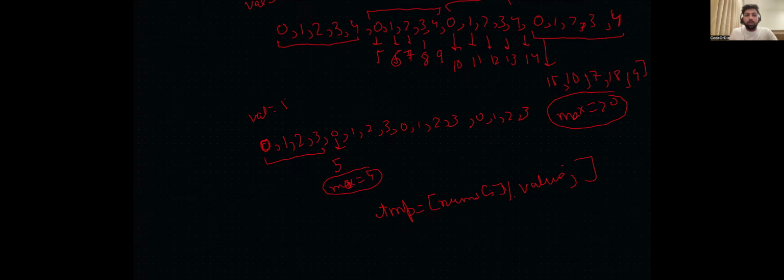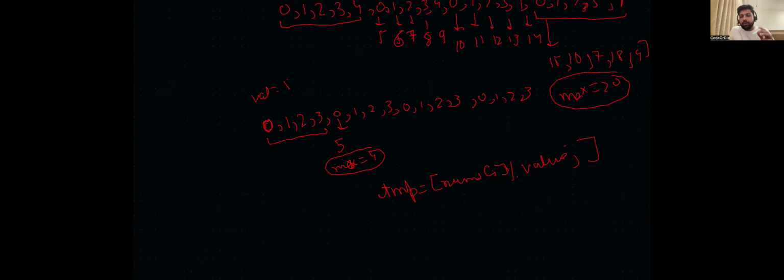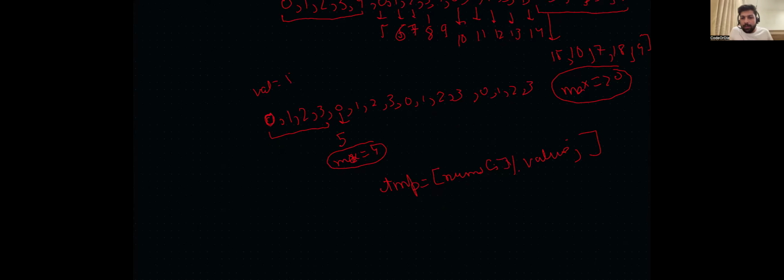Now you will go from 0 up till 1e5, because this is the maximum size. So you don't need to go beyond this. And you will find the first value not present in this temp array.